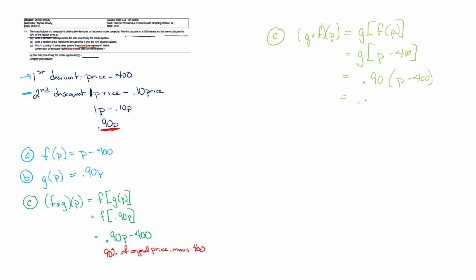So we have 0.90p minus, and then you've got to do 400, right? Times the 0.9. So let's take a look at that. Which is going to be $360.